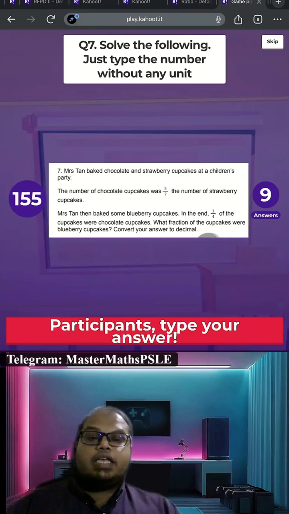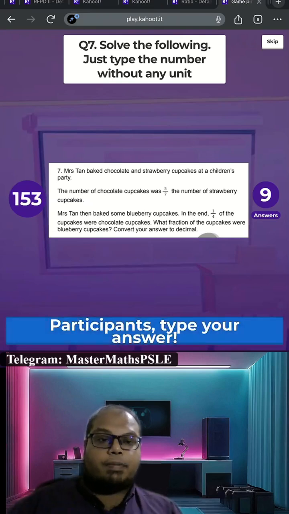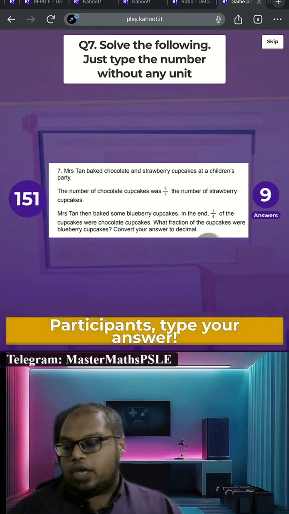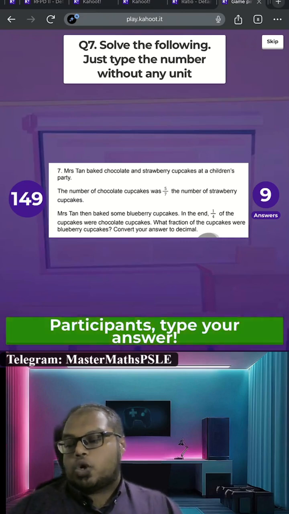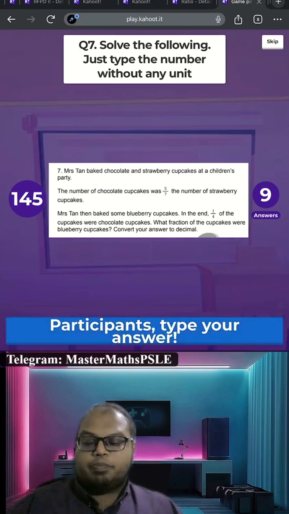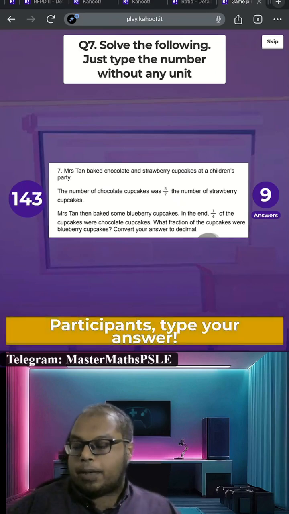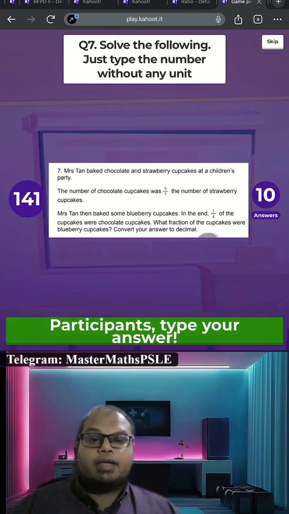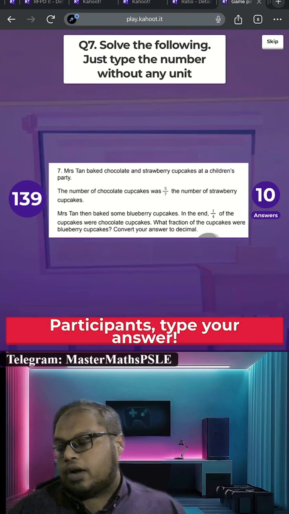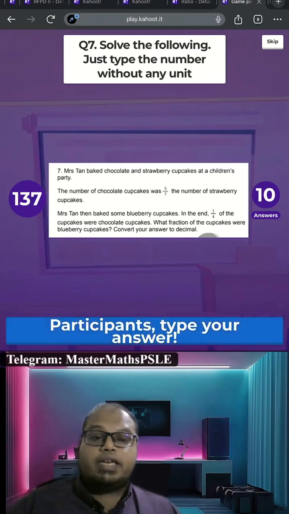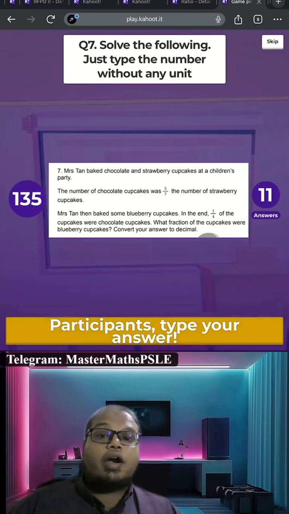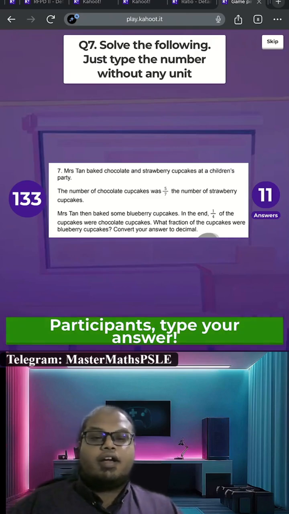So after they included these blueberry cupcakes, now what fraction of the cupcakes were blueberry cupcakes? But instead of writing in fraction, give the answer in decimal.